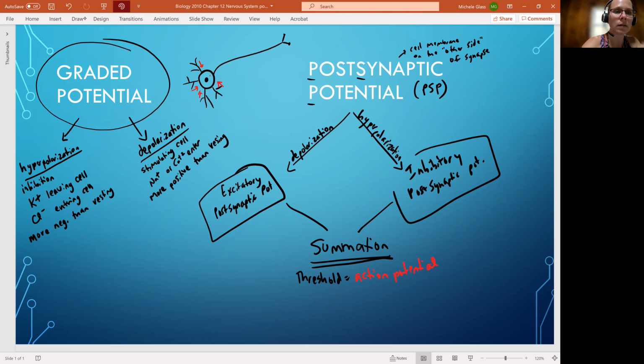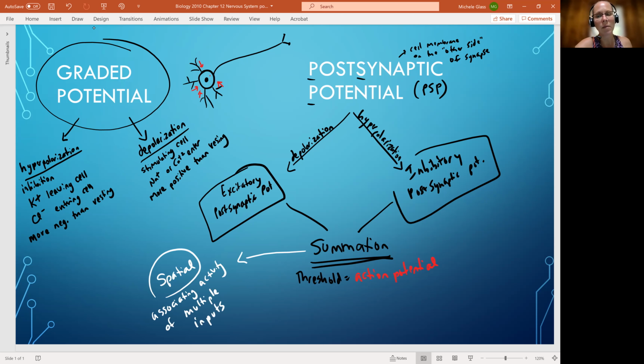When we talk about summation, we can have what's called spatial summation. Spatial summation is associating the activity of multiple inputs.